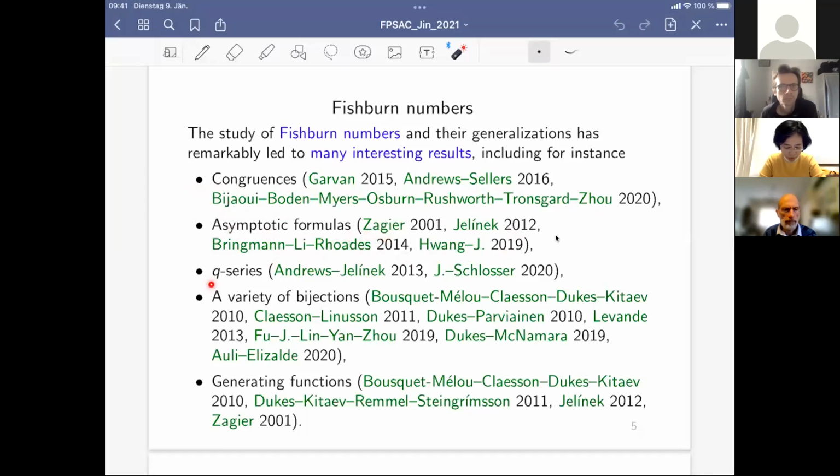And the connection between q-series and fishbone numbers was discovered by Andrews and Jelinek. Furthermore, a variety of bijections and generating functions have been intensively studied by many people, including Buscimelo, Klassen, Dukes, Kitov, Linussen, and Pavinian, and my co-authors, Fu, Lin, Yan, Zhou, and Mike, Namara, Ollie, Elizabeth, Ramo, and Stein, Glimson.